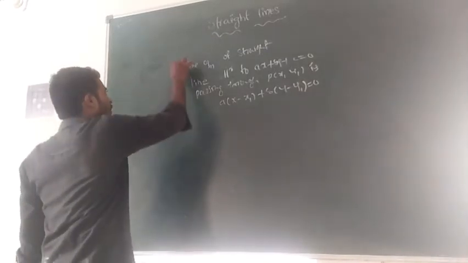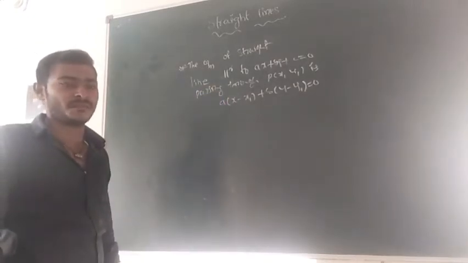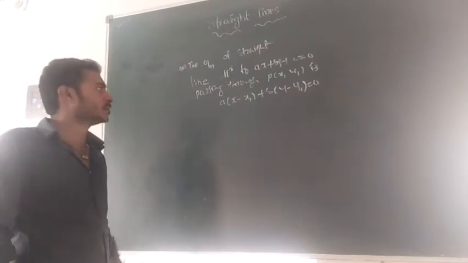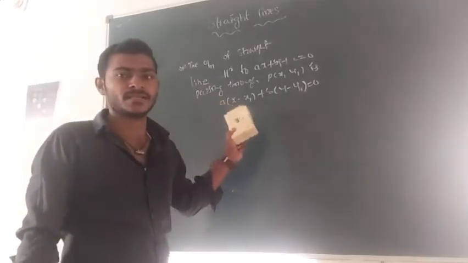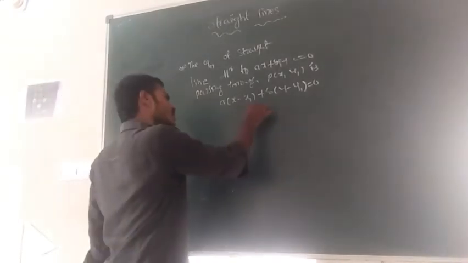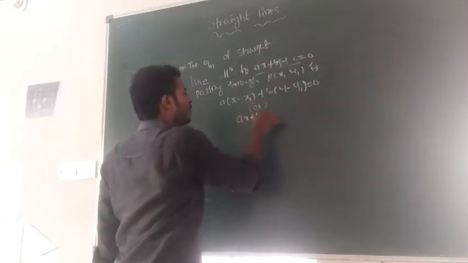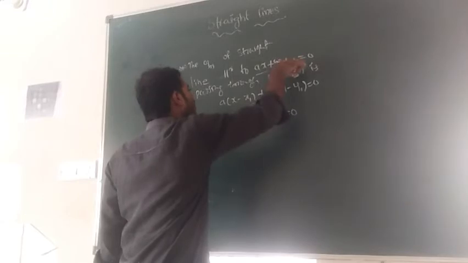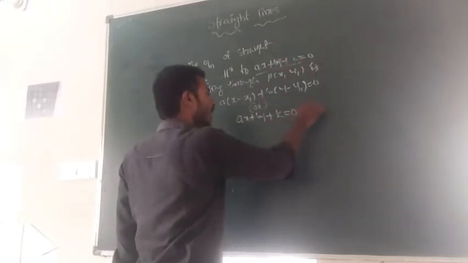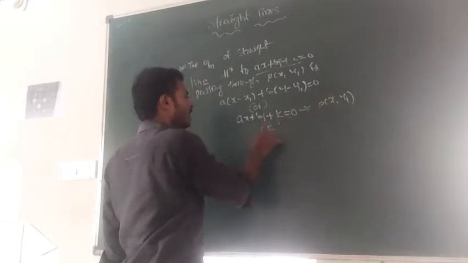Very important. The equation of the straight line parallel to ax plus by plus c equals 0 passing through P of x1, y1 is a into x minus x1 plus b into y minus y1. Or simply, suppose we take the parallel line ax plus by plus k equals 0. Replace c with k, substitute the value of P of x1, y1 here, and find the k value.